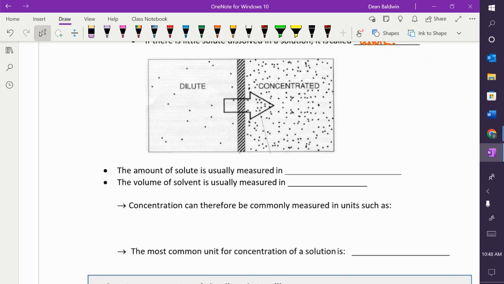So the amount of solute, what you're dissolving, is usually measured in grams or moles, which are interchangeable. We're going to use moles a lot. And the volume is usually measured in liters or milliliters.